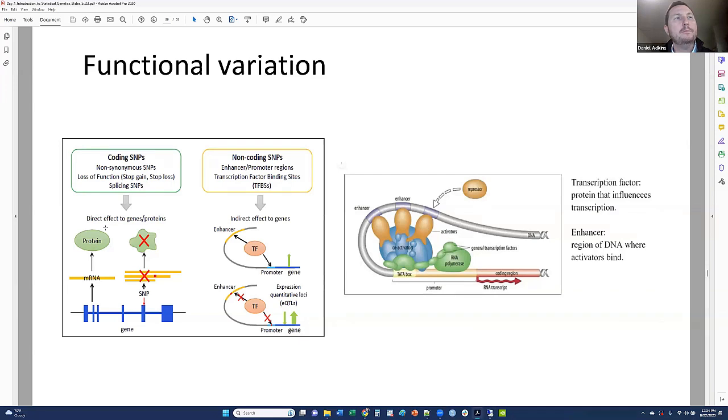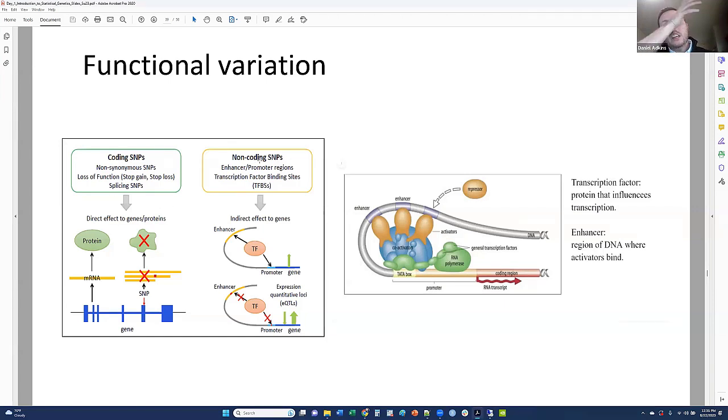This one would be a missense, where it does result in the change of amino acid, but maybe the protein is still viable. Here, this would be a non-synonymous nonsense SNP, and that causes a premature stop codon, generally causing the protein to be non-viable. So these would be coding variations.